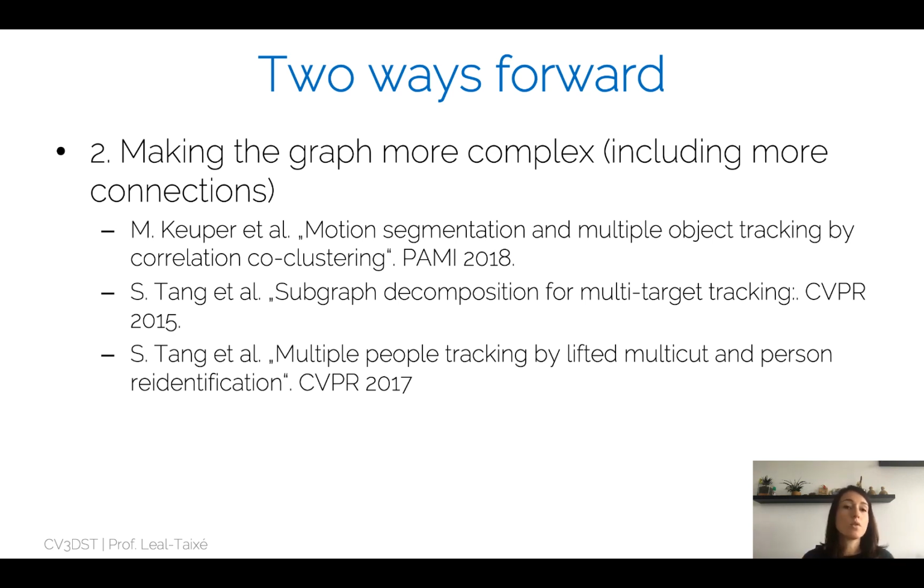But we can also include other types of connections, like connections between different boxes within a frame. This is what these works study, and the focus of these works is to find a solver that can deal with that type of connections. When you start making these types of connections, you can no longer use the linear program formulation. Therefore, you need to devise a solver that can handle these complex graph structures.